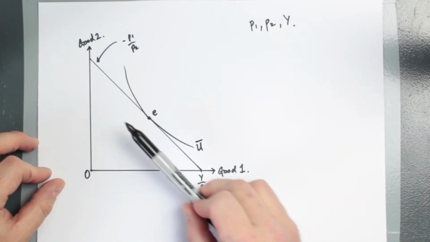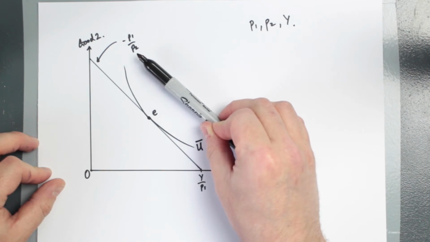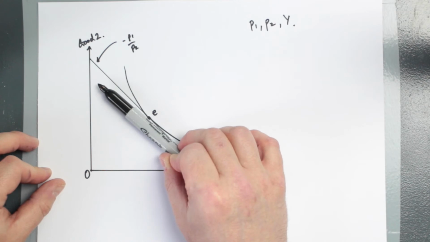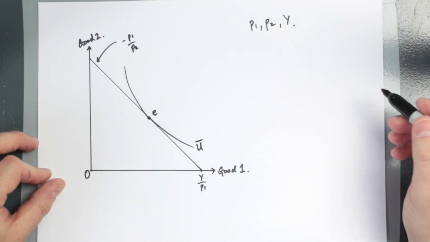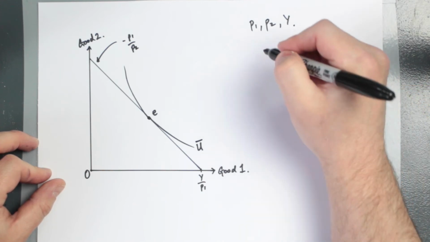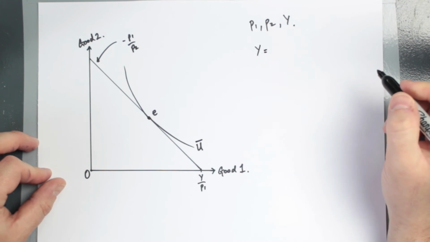And you can see here, that would be essentially starting with the budget line of the same slope, or iso-expenditure lines, until we reach exactly the same point, E.